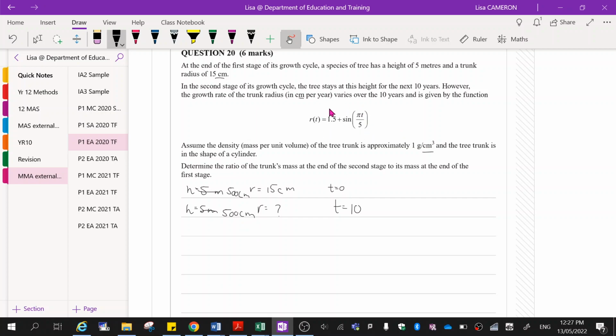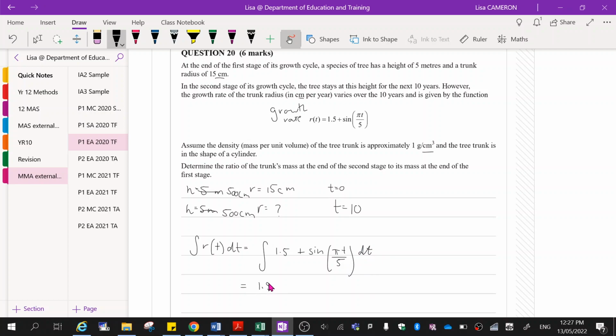This doesn't tell me the radius. This tells me the growth rate, which means it's the derivative of our radius function. So first, we're going to integrate this function: the integral of 1.5 plus sine of pi t on 5 with respect to t.